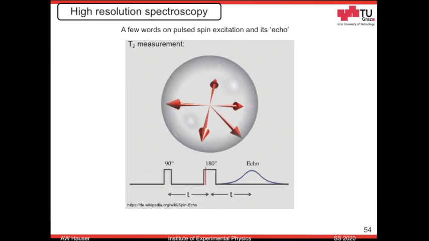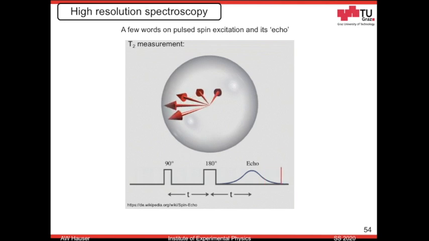And in order to measure it, we give at a certain time t, which we choose, the second pulse, which is now a pi pulse. When we do the pi pulse, we turn around the arrows and their direction, and so they will come together and line up exactly after the time t and give us this echo.